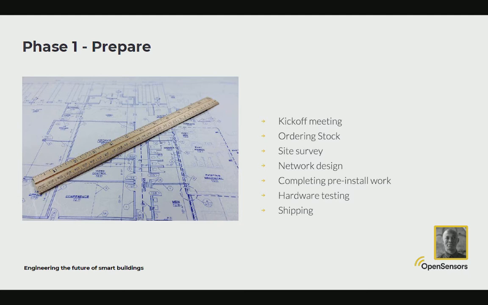And so we approach phase 1 as a prepare phase. And this is where we aim to bring together all of the stakeholders and align the technical objectives that we have for the technology with the KPIs that the business or the client has for looking at utilization within their building. And one of the main things that we do within this prepare phase is then start to look at the site survey, how we can coordinate any site-specific changes that might need to be made.